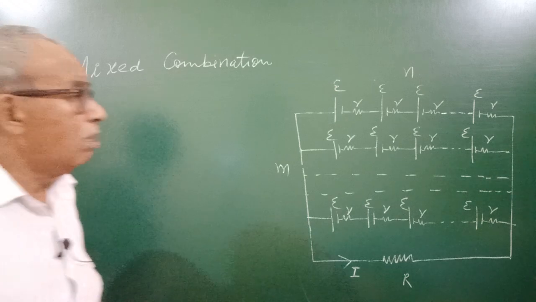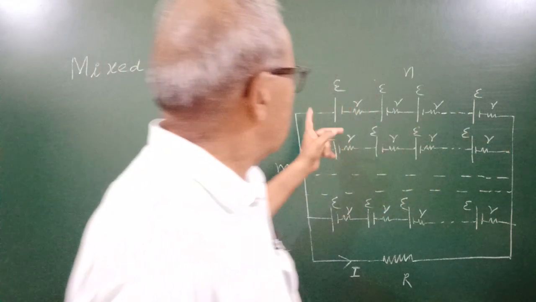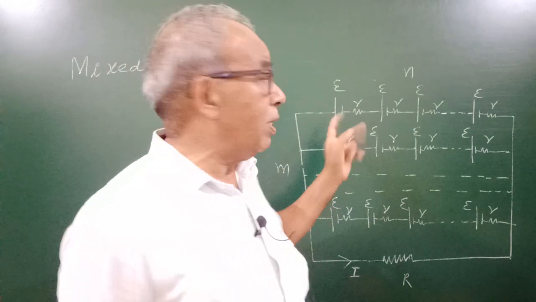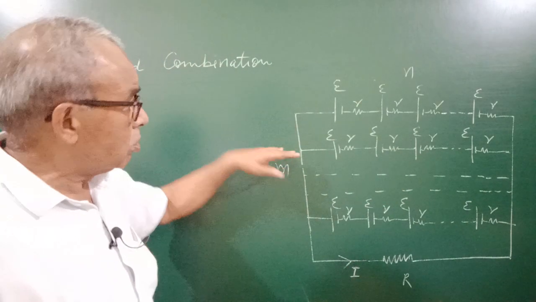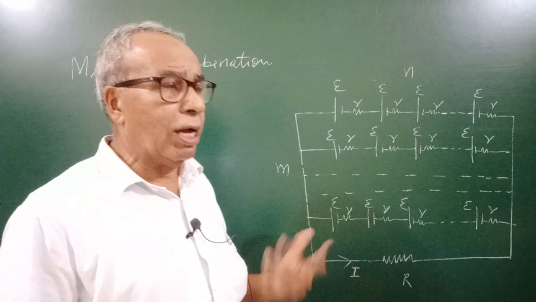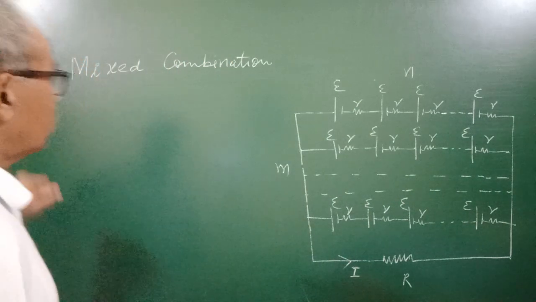We can see here that n cells are connected in series. Each cell has resistance r and EMF E. And m rows, such rows, 1, 2, 3, 4, 5, m rows, maybe 4, maybe 5, maybe 3, maybe 2, are connected here.